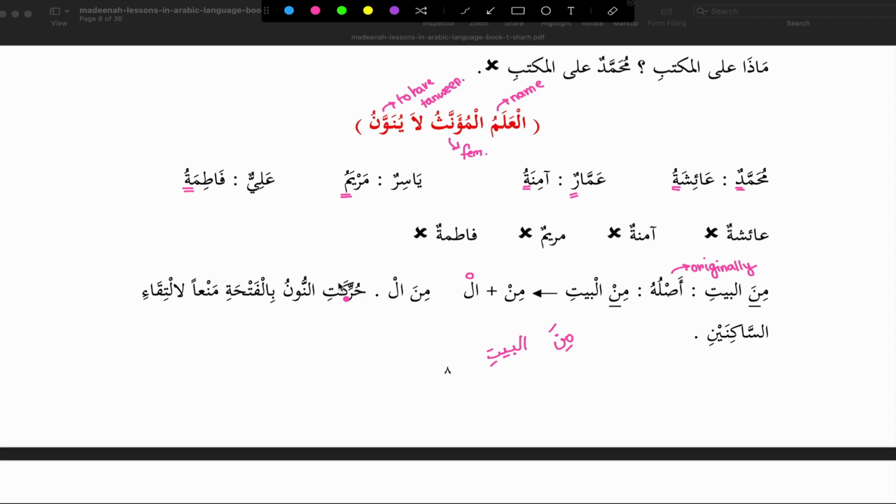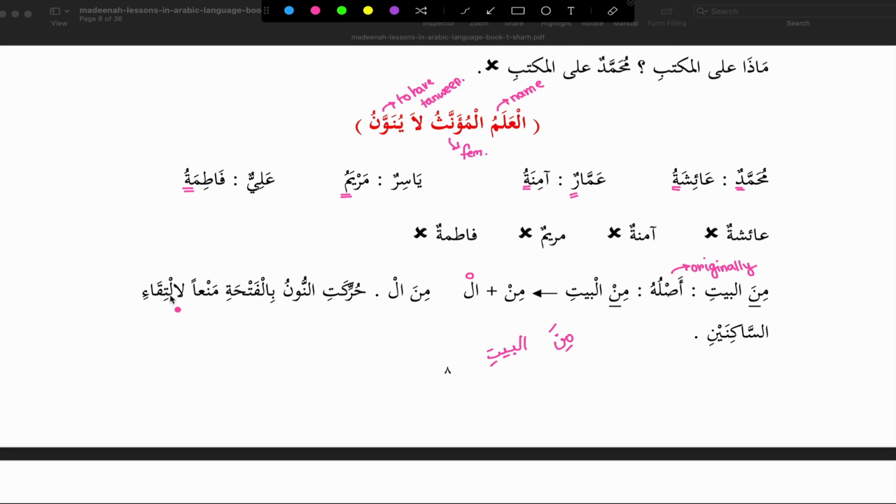So it says حركت النون. حركت بمعنى you put a haraka on the noon. فتقول, you say حركت النون بالفتحة. A haraka is put on the noon, and the haraka is a fatha.